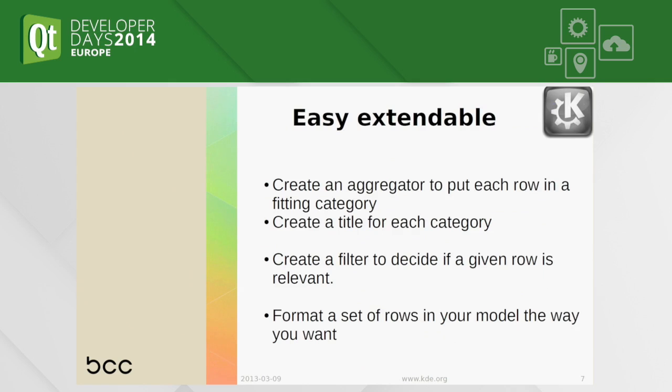QDatacube is easily extendable. You create an aggregator that tells which bucket to put each row in the underlying model in. You create a title for the category. Then you create a filter to decide if a given row is relevant for this data cube or not. And you format the rows in some way you want.